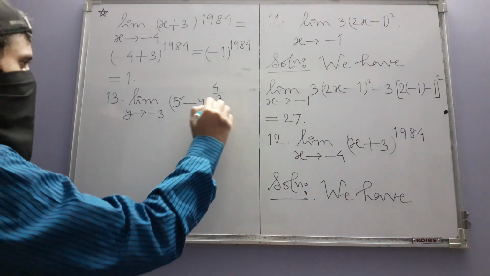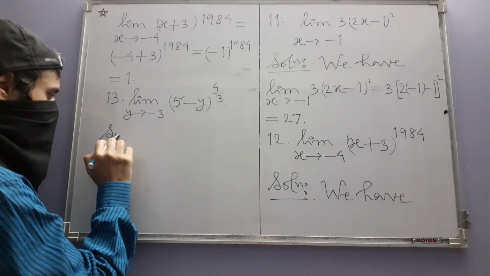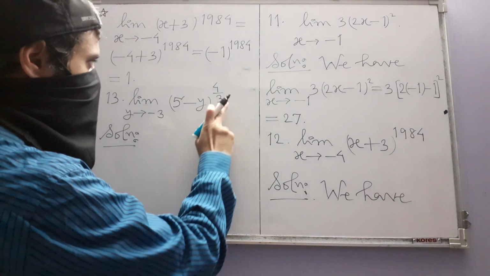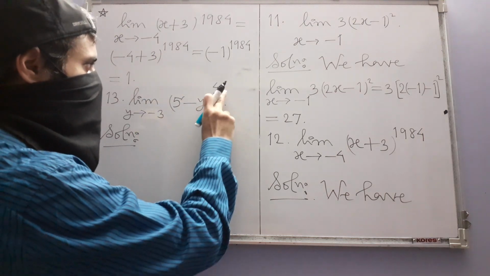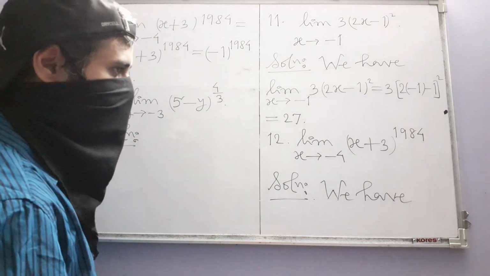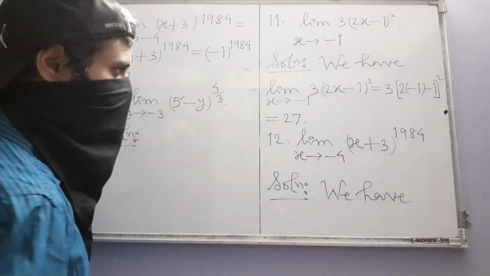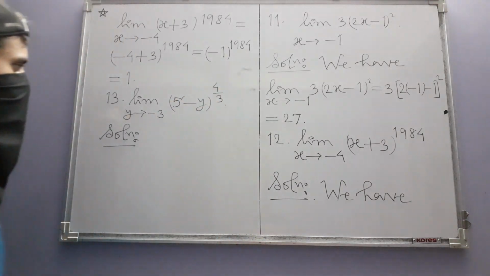Well, here you can of course ask that this is not a polynomial. It's not, because you have a power where the exponent is a non-integer. It is positive, but it's a rational number that is not an integer.